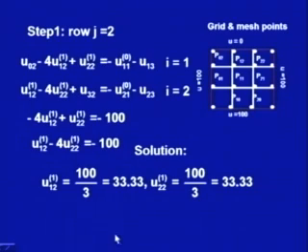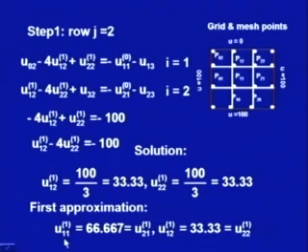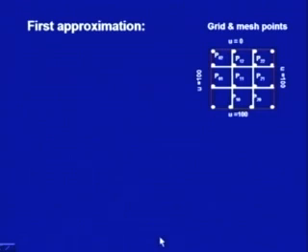So, finally, our first approximation in this case is u11 same as u21, 66.66, and u12 and u22 as 33.33. Now, alternate the direction, that is, move to the column 1 using this as the first approximation. So, we move to the second approximation.